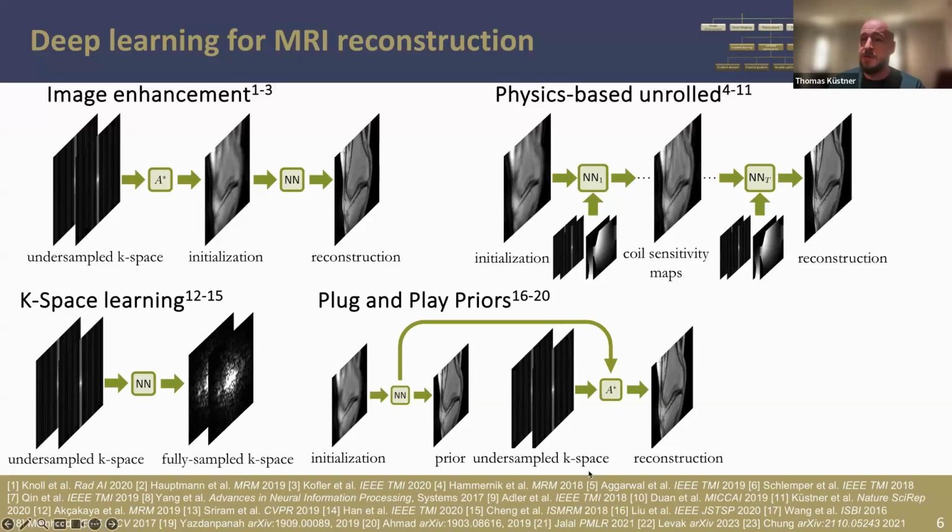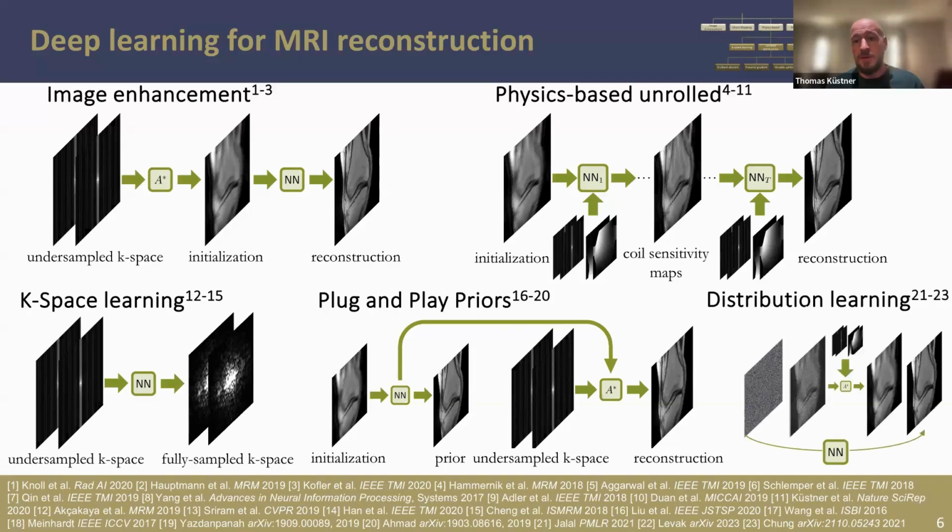Then you can plug this into any kind of reconstruction that you favor, either a deep learning-based network or a conventional reconstruction. Lately, we've also seen the advance of distributional learning methods, for example diffusion networks, where you gradually denoise from a completely noisy image to the noise-free image.